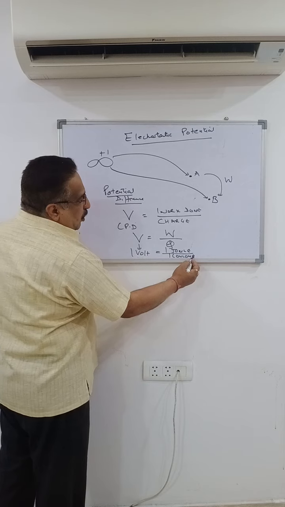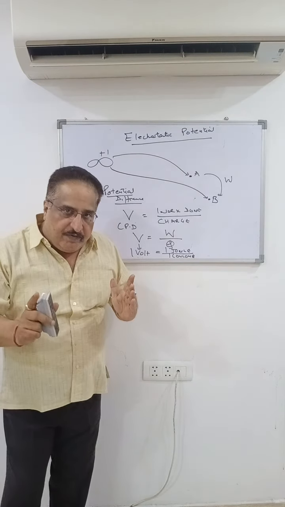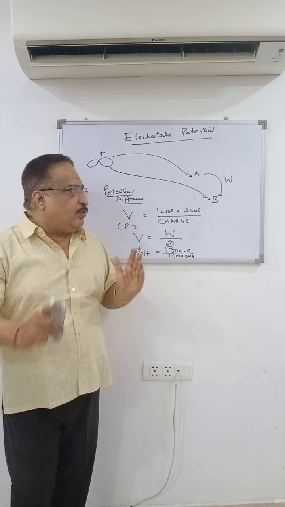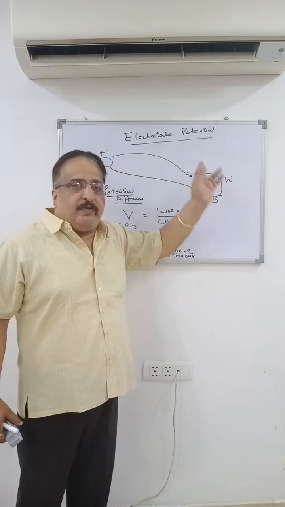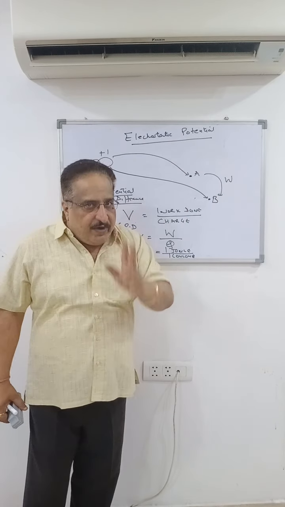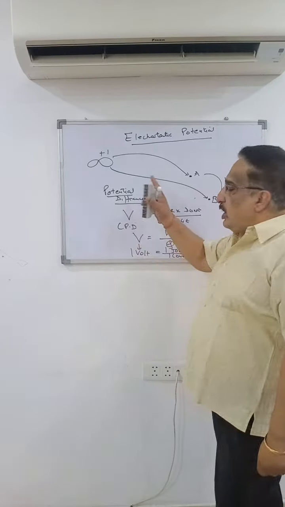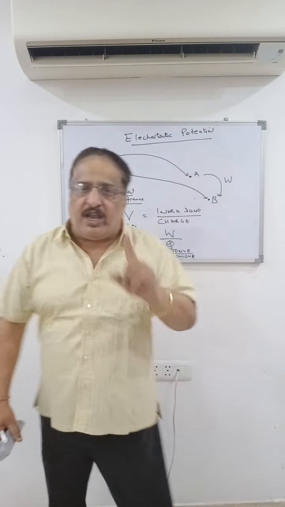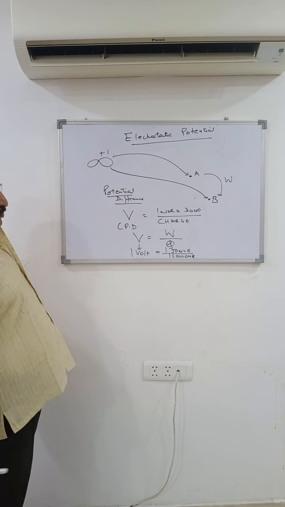What is potential difference then? Potential difference has always to be defined between 2 points. Potential difference between 2 points can be defined as the work done in moving a unit positive charge. Unit positive means 1 coulomb charge from one point to the other.